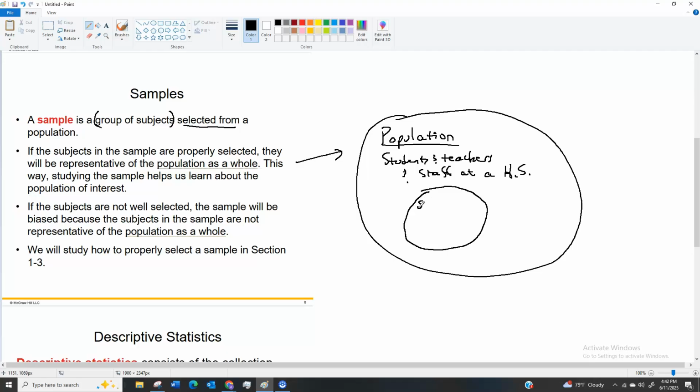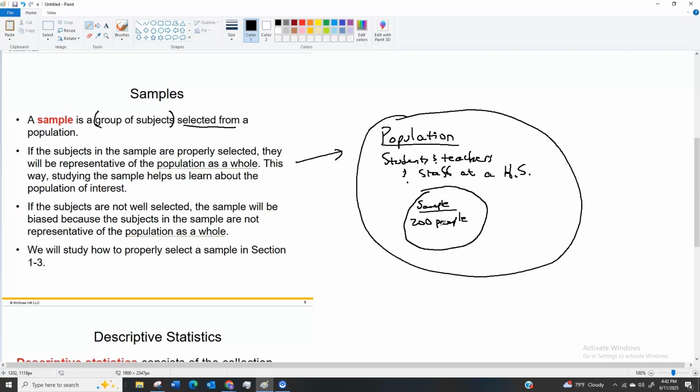let's say you take a sample of 200 people at that high school. Again, you have to take people within that high school, otherwise you're not studying the population. So your population is the people at this one high school, and you sample 200 people. We would like to select those 200 people randomly. That would be the best way.